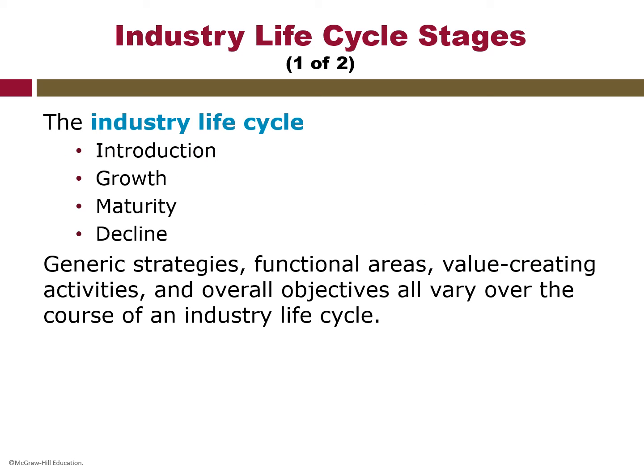Industry life cycle stages. This is quite important in this chapter. The industry life cycle refers to the stages of introduction, growth, maturity, and decline that occur over the life of an industry.